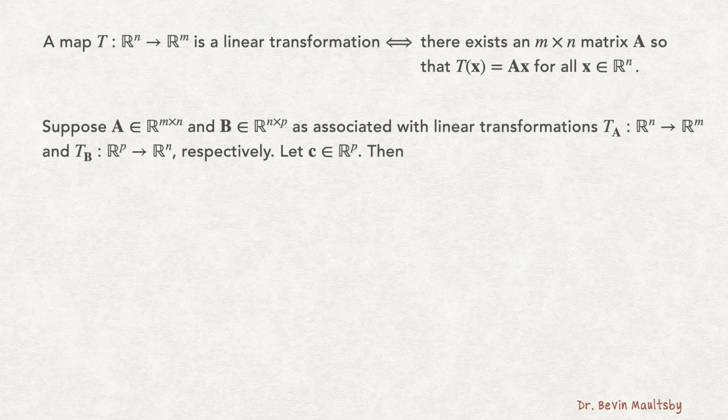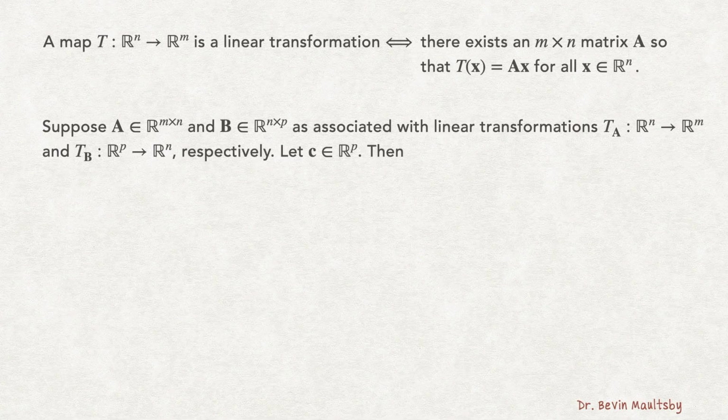We also know from the discussion that we just had that to A we can associate the action of a linear transformation from Rn to Rm, I'll name it T sub A, and likewise to B we can associate a linear transformation T sub B, mapping us from Rp to Rn. Take a moment there just to recognize how the dimensions of the matrix relate to the dimensions of the domain and what you could call the codomain. So you want to develop the instinct to kind of flip them.